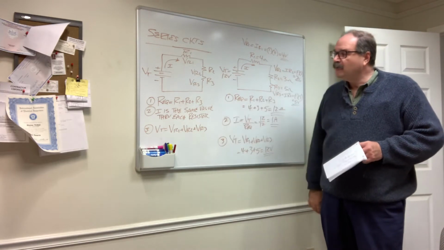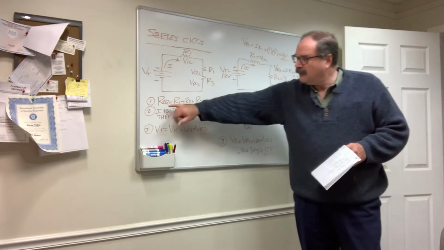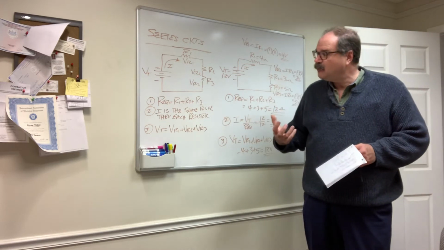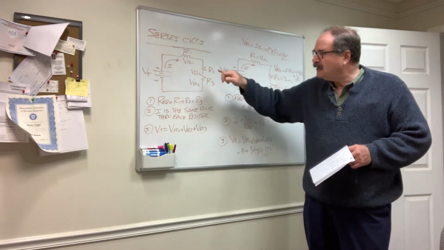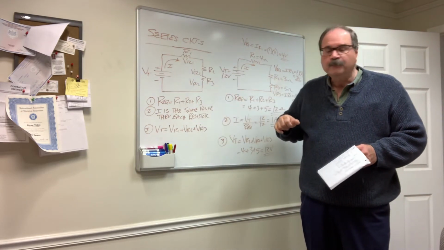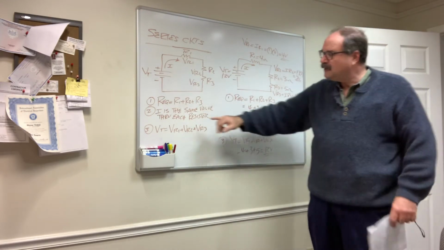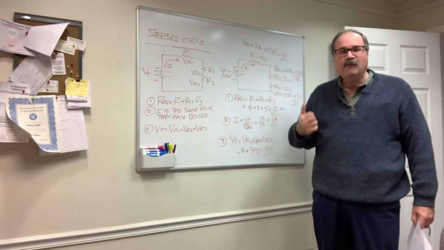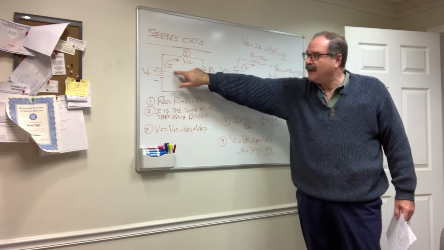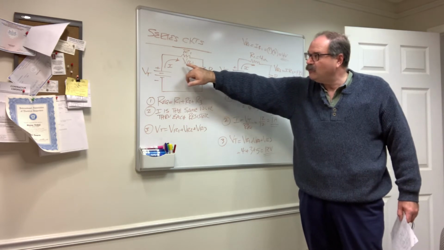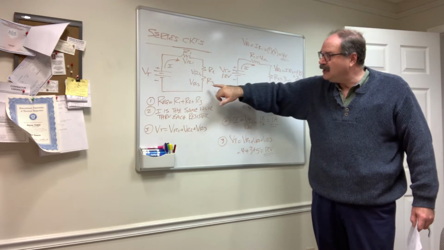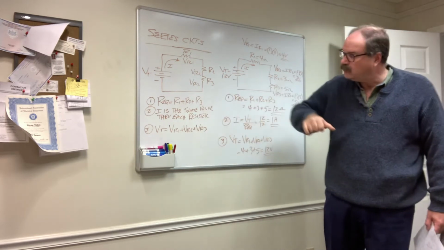So the three rules for series circuits: Req, the equivalent resistance, or the total resistance, is equal to the algebraic sum of R1 plus R2 plus R3. Second rule in a series circuit: the current I is the same everywhere. So once we calculate using Ohm's law the current I, it's going to be the same through resistor 1, the same through resistor 2, and the same through resistor 3.